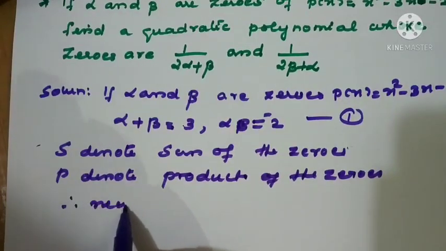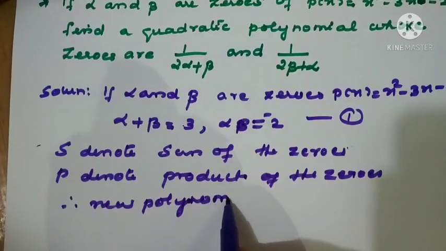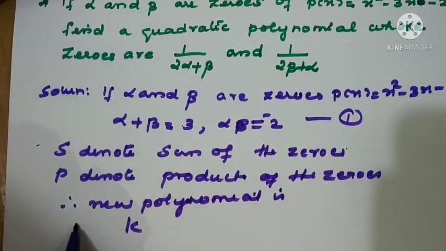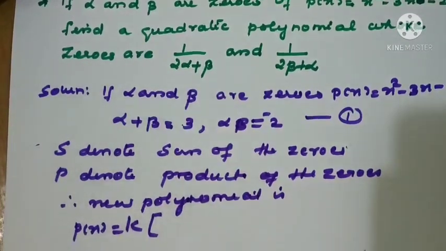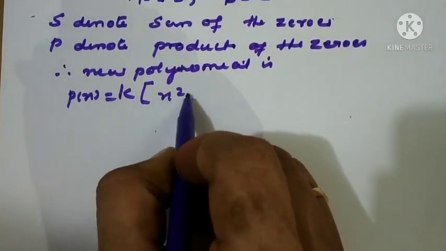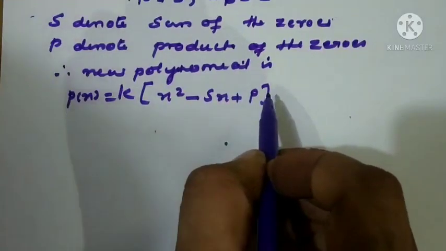Therefore, the new polynomial is k into p of x equal to k into x square minus sx plus p, where k is a constant.